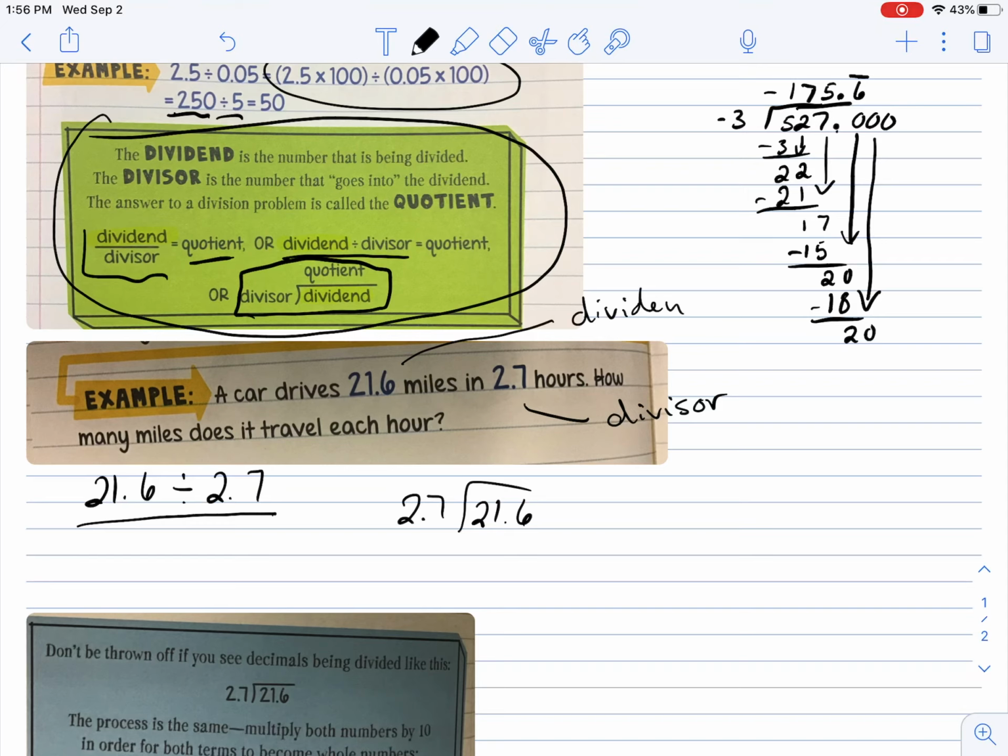What we do to the outside, we have to do to the same number under the bracket, and it's only one time over. So now we have 27 going into 216. 27 can go into 216 8 times. 8 times 7 is 56.